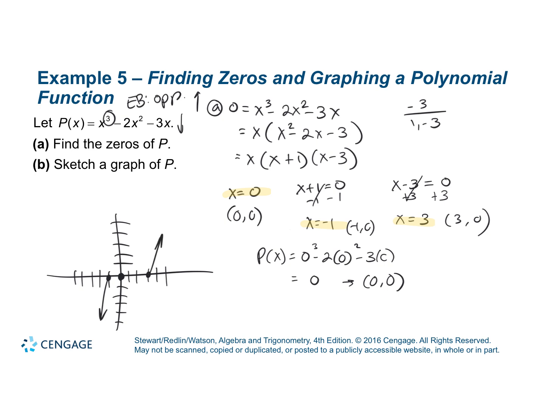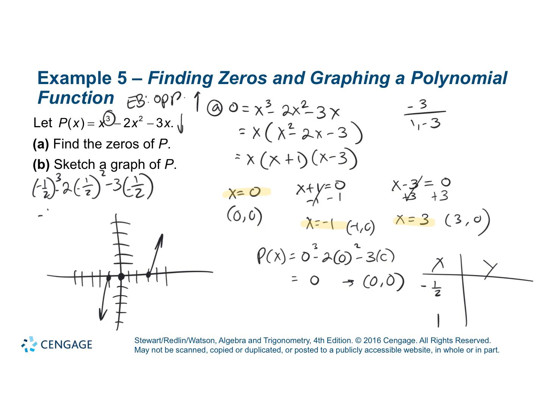Now how do we figure out the in-between part? This is where we use the XY chart. So I'm going to make one small one right here. I'm going to plug in -1/2 because I don't have any other point that I could possibly test out, and I'm going to try out 1. When I try out -1/2, it's going to be -1/2 cubed minus 2 times -1/2 squared minus 3 times -1/2.